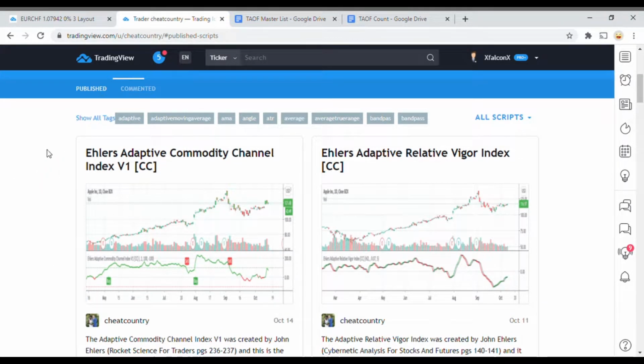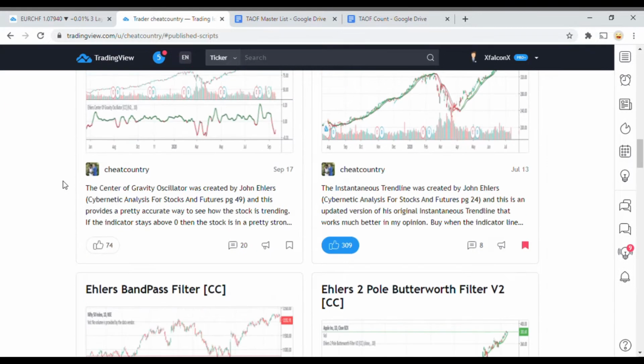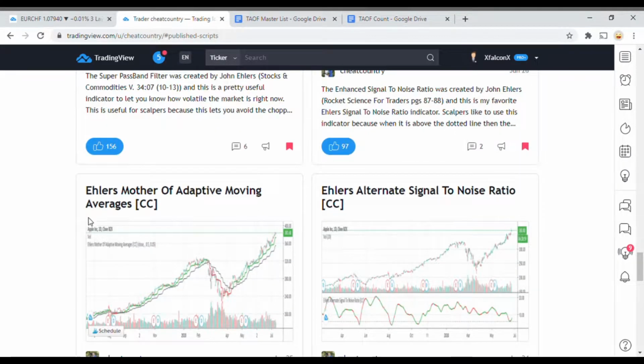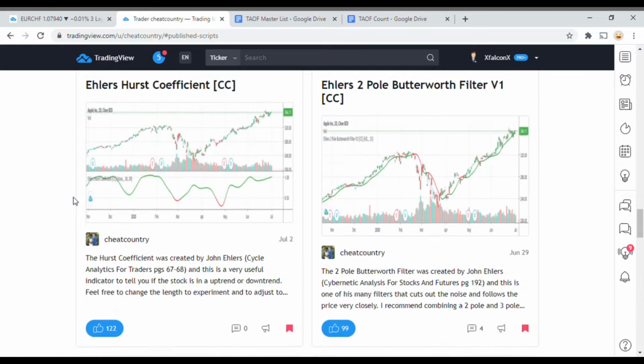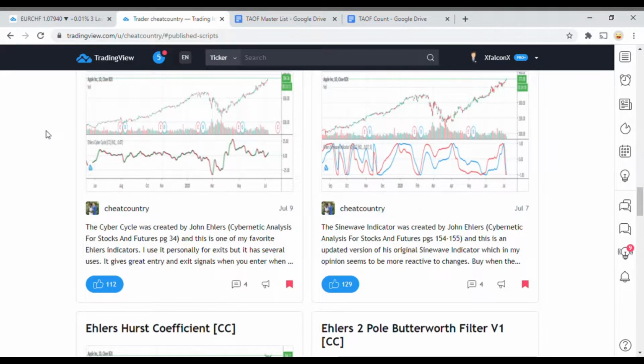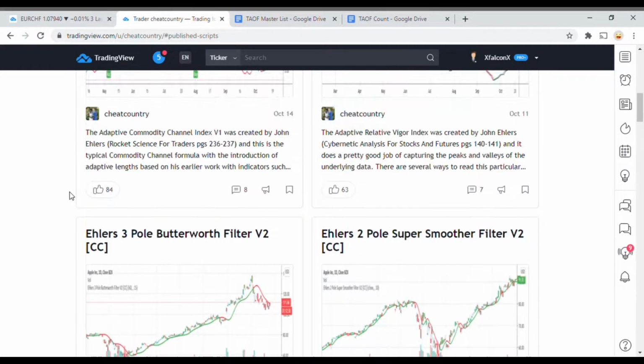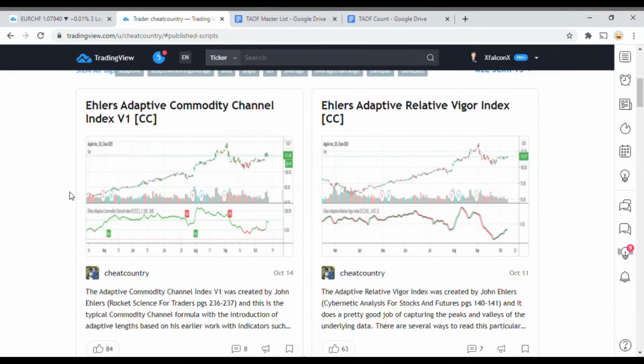That's his name, and for the vast majority of his indicators that he has created, and he's created a lot, they are almost all of them created around Ehlers and the different indicators and principles of John Ehlers.